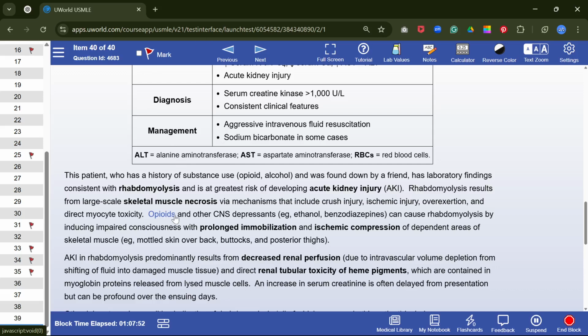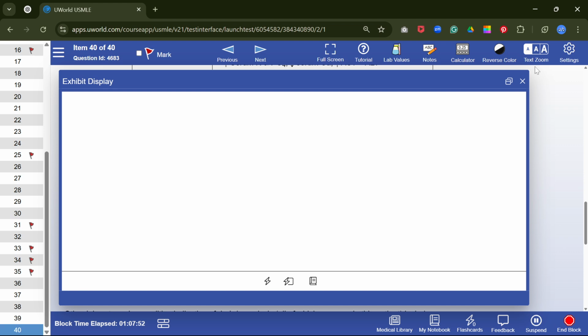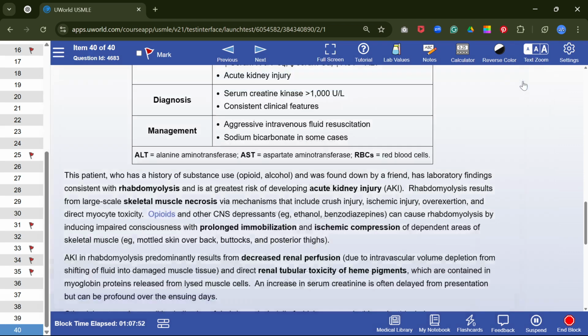Opioids and other CNS depressants, ethanol, and benzodiazepines can cause rhabdomyolysis by inducing impaired consciousness with immobilization and ischemic compression of dependent areas of skeletal muscle, with mottled skin over the back, buttocks, and posterior thighs.